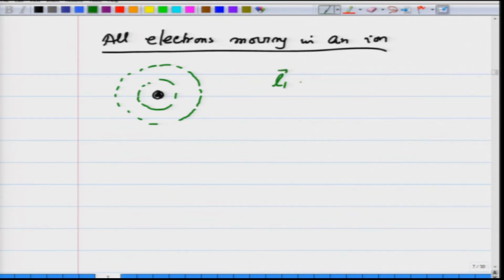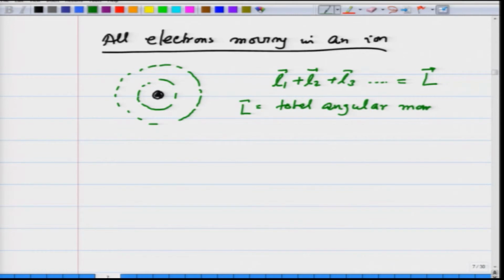So I am going to have the net angular momentum to be L1 plus L2 plus L3, and all this adds up to a total angular momentum L. So L is the total angular momentum due to orbital motion.